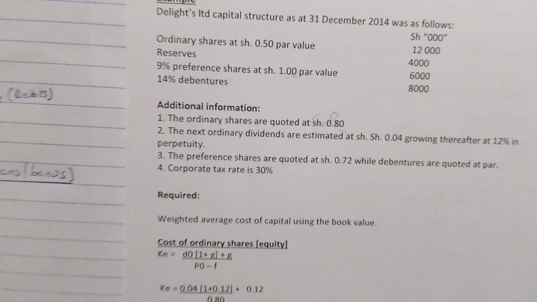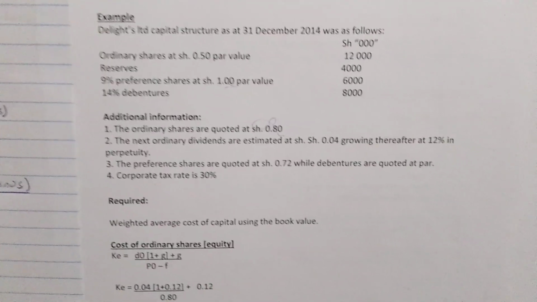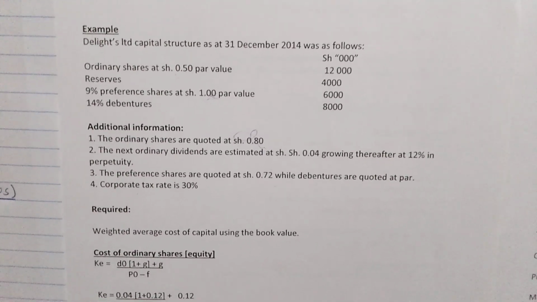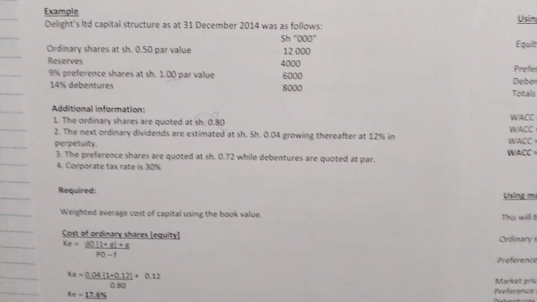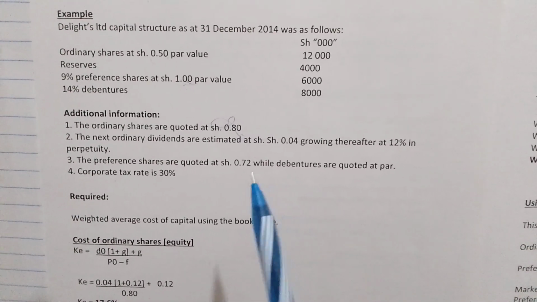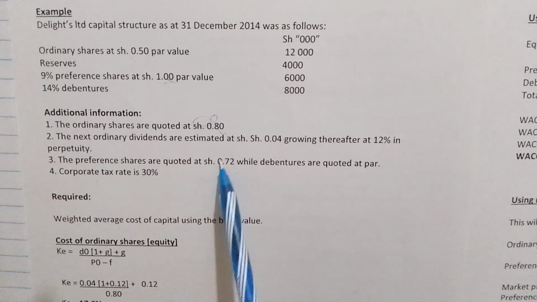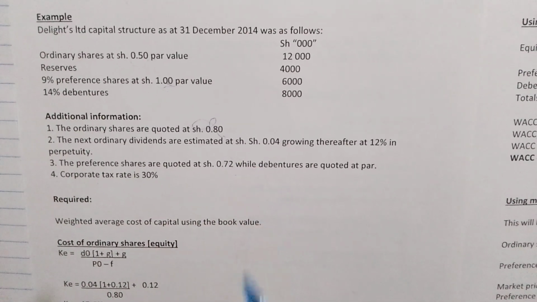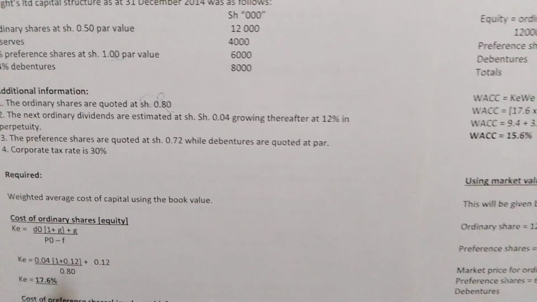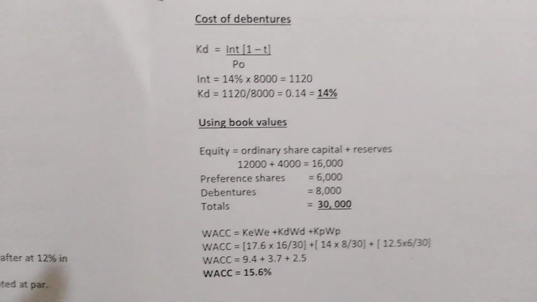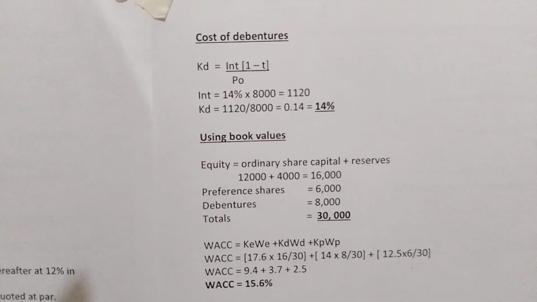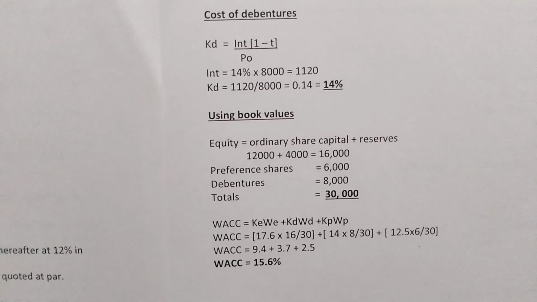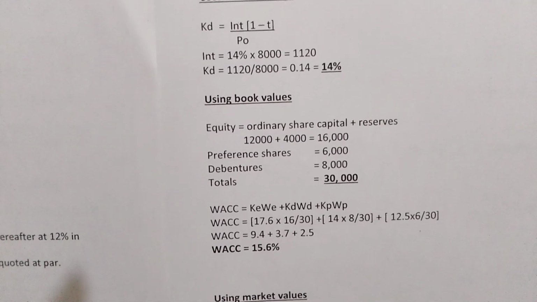Now, what kind of debentures are these? We have said that debenture is a debt. Collectively, debentures, loans, and bonds are known as debts. So we've been told that the preference shares are quoted at shilling 0.72, while debentures are quoted at par. Let's go on with our calculation. Note that these debentures are irredeemable.